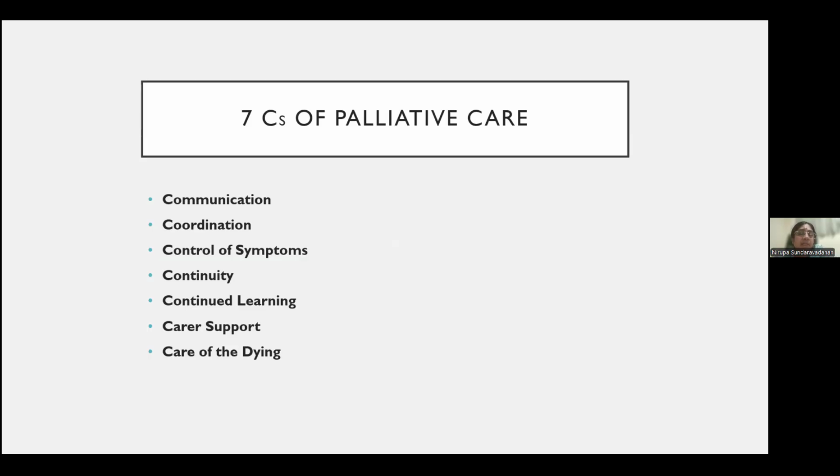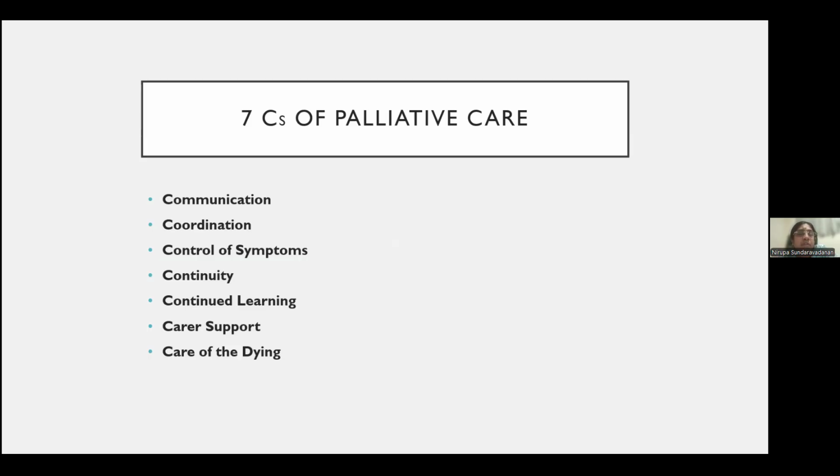Coordination among the different teams providing care so that we are working together holistically. We respect boundaries, but we also come together, each of us doing our best for the control of symptoms. Again and again, we have to remind ourselves we can't cure this disease, but let's control the symptoms as best as we can.